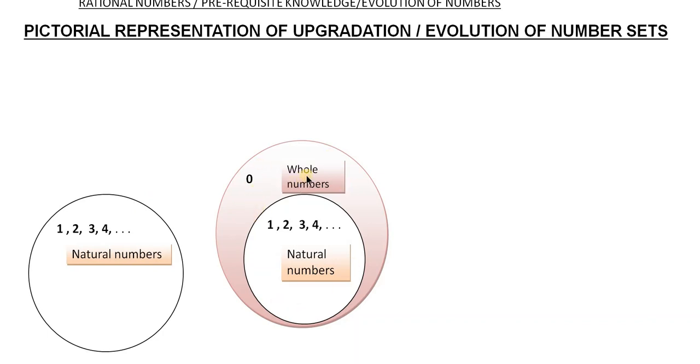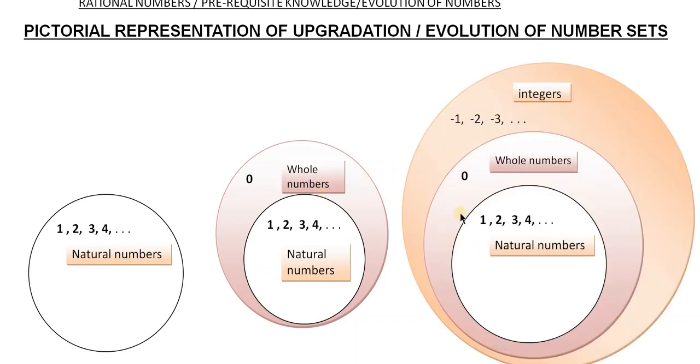So the set was renamed as whole numbers, and after that you came across measuring opposite quantities. So you had a sign assigned to the whole number set, and you got a still bigger set, which is integers. So you have 0, 1, 2, 3, 4, and -1, -2, -3, etc. in the integer set. This is the set you have studied until grade 7.